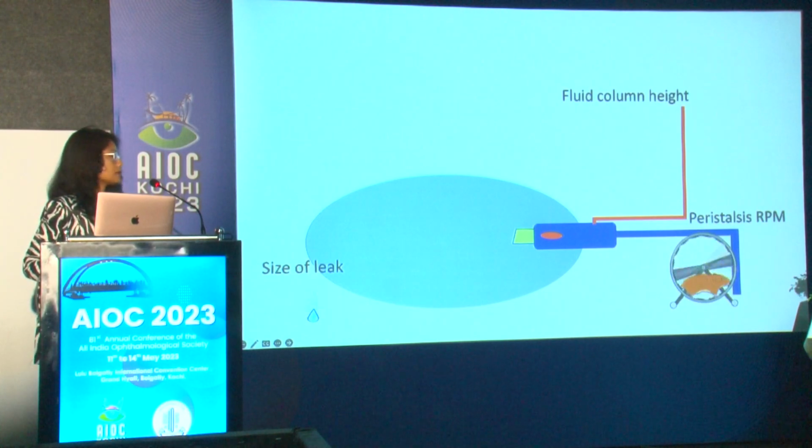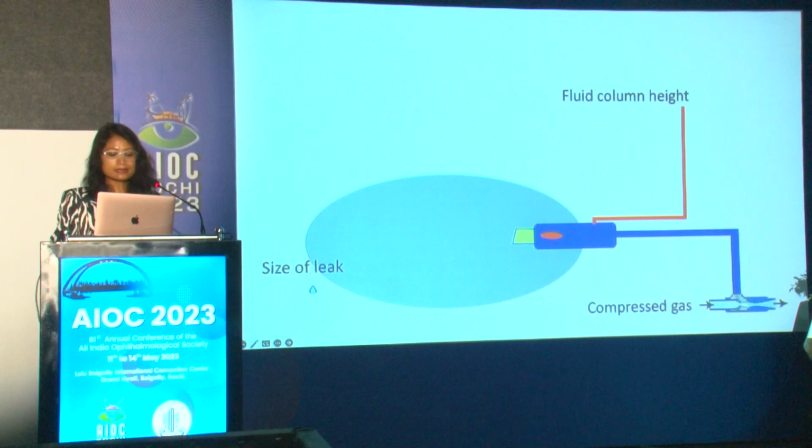The RPM of the pinching wheel will determine how fast the fluid is dragged out of the anterior chamber, and this is called the aspiration flow rate. The same thing will determine how fast the vacuum rises, how fast the suction pressure builds up. In contrast, in a Venturi machine, there is no revolving wheel. Here the compressed gas creates a vacuum, and this vacuum drags the fluid out of the anterior chamber.